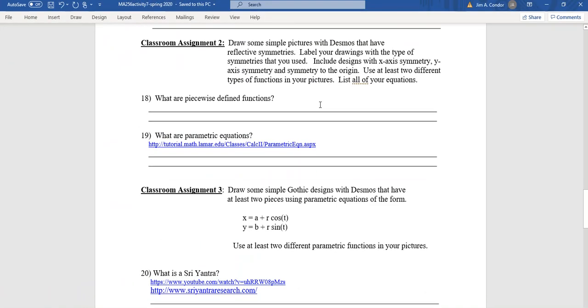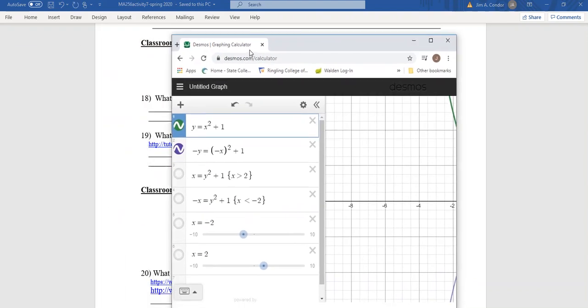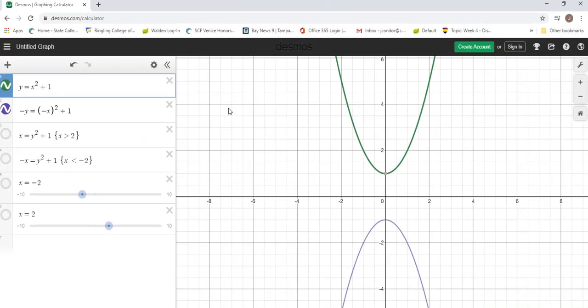All right, so classroom assignment, and now piecewise defined functions. Just to not get into the technical math part of it, basically it's just what we had just done. We were creating some different functions. We had 3 or 4 functions here to create a design. That's a piecewise defined relation, and we had all these functions we were trying to use.